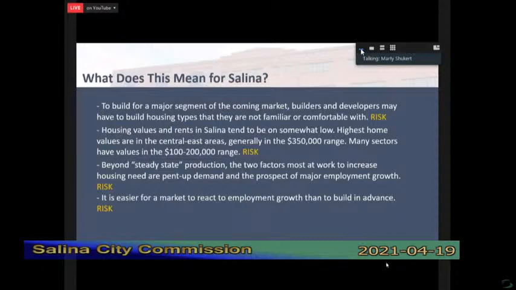But it's pretty tough for builders who are not used to speculating to build for these things that aren't there. Finally, it's easier for a market to react to employment growth after it's already there, rather than to build in advance and try to finance that inventory, and that also entails risk. On the other hand, sometimes it's too late by the time the jobs are already there and people have begun to settle in other places. So all these factors, as we discussed last time together, entail risk.